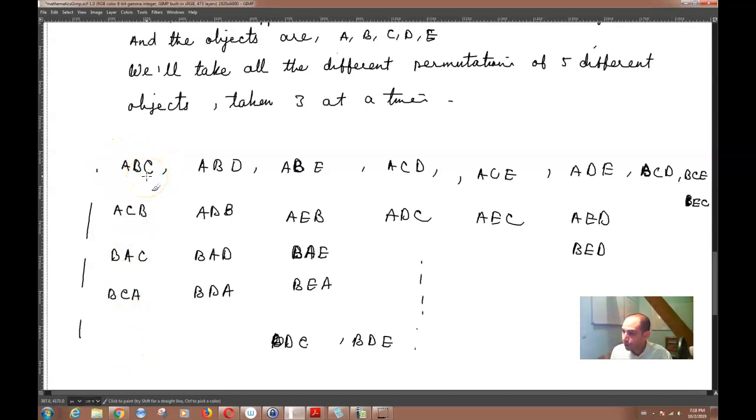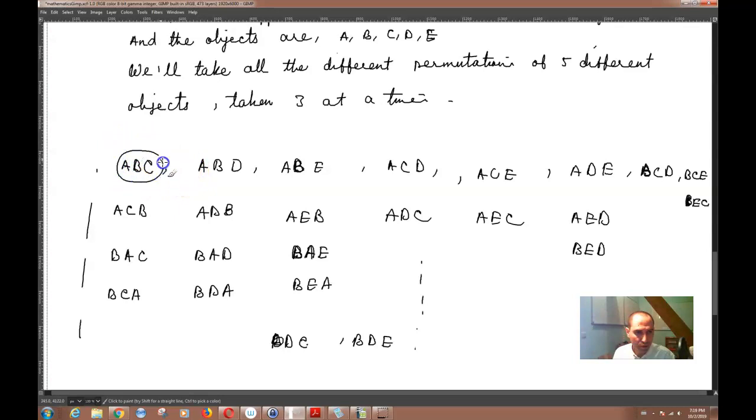Okay. Now, what that means is that the sentence that we have here is the important one, and that is corresponding to each of these 5 combination 3 combinations.